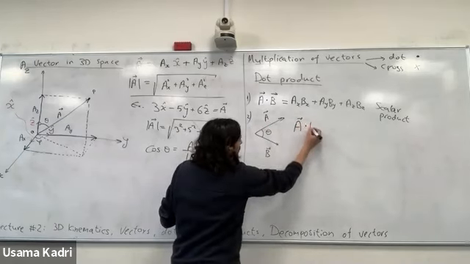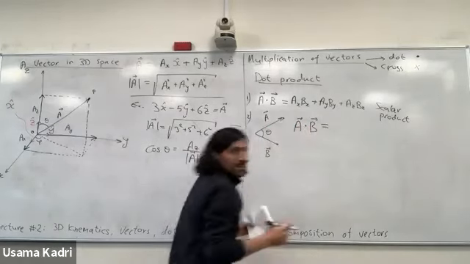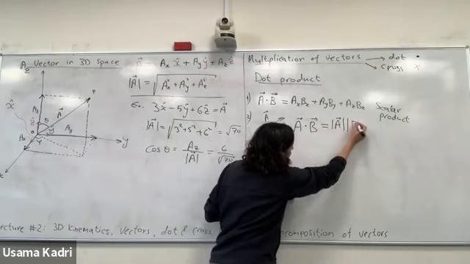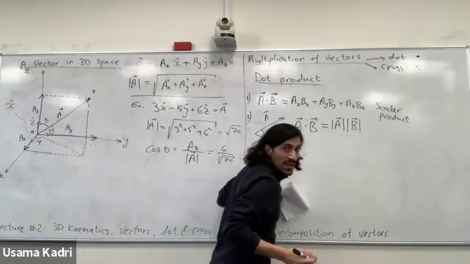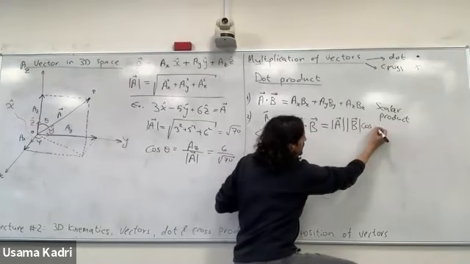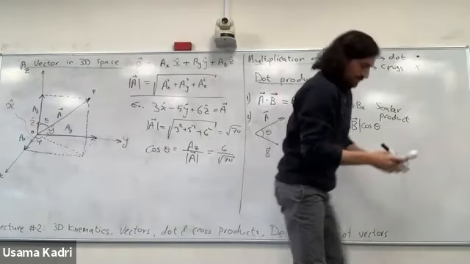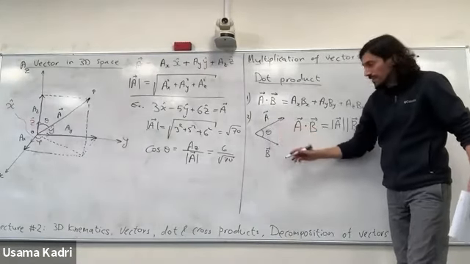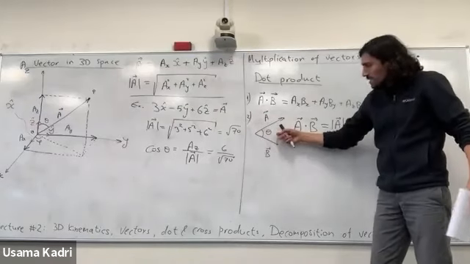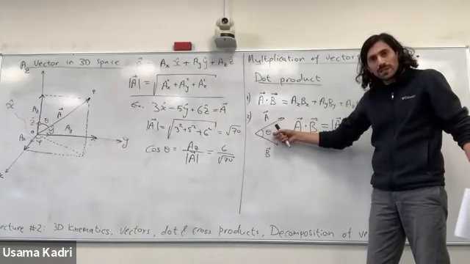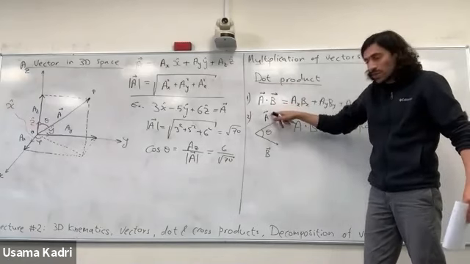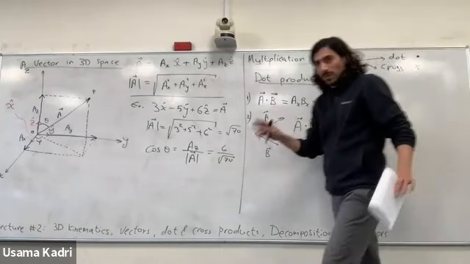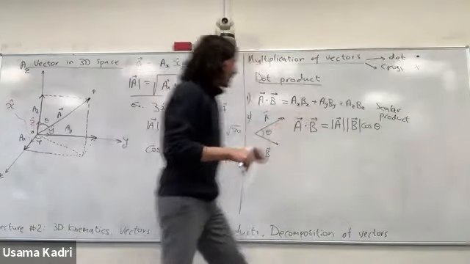You can write A dot B equals the magnitude of A times the magnitude of B times cosine of the angle in between. A hint: if you put B in the X direction, you would see that the cosine of theta is actually giving you the projection of A in the X direction, which is in the B direction, right? Think about it. So it gives you exactly what you have here.